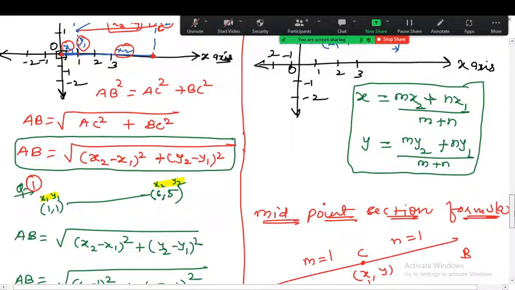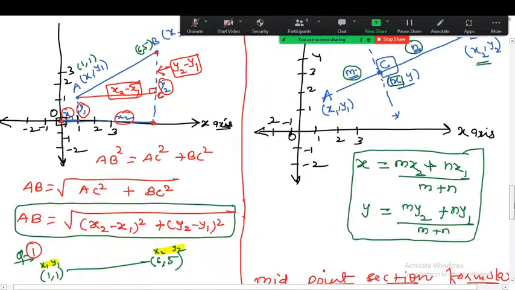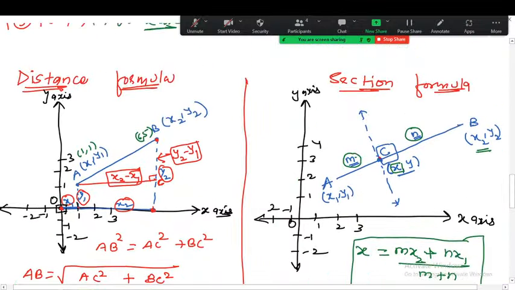In case of section formula as well, we can apply it to find out the sectional point. We can apply this section formula to figure out the ratio if the sectional point is known. Even the section formula helps you to figure out collinearity. But basically, we will be using section formula to find out the sectional point and to find out the ratio if the sectional point is given. In the next class, we will be solving many questions based on this.